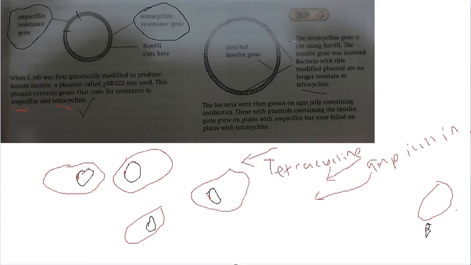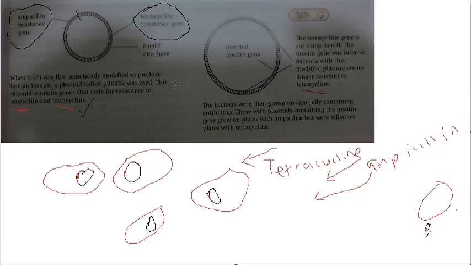Look here, it says the tetracycline gene is cut using this enzyme, BamHI. The insulin gene was inserted. Bacteria with this modified plasmid are no longer resistant to tetracycline.